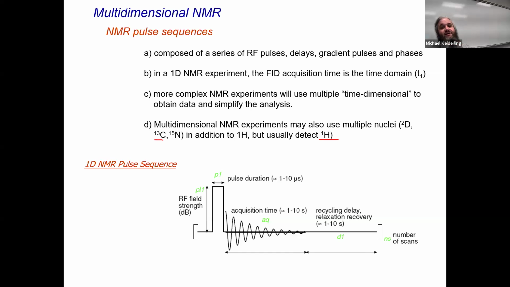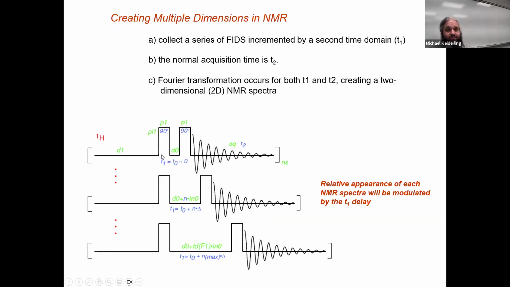Multi-dimensional NMR experiments can also use multiple nuclei, like deuterium, carbon-13, and nitrogen-15 in addition to hydrogen, but they usually detect hydrogen-1. So this is a 1D pulse sequence. You have a pulse, and then an acquisition time, and then a recycling time. And then you do this a number of times, the number of scans times.